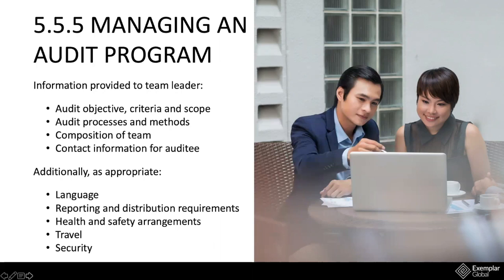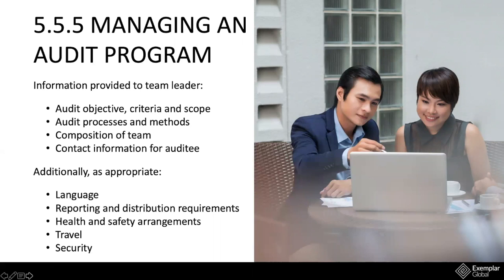Additionally, as appropriate, the following considerations should be made, whether there's a language issue. And we talked about virtual auditing earlier, and oftentimes you're dealing with different countries. You could have multiple languages, so in that case, you may want to make sure there's someone on the team who speaks a second language.